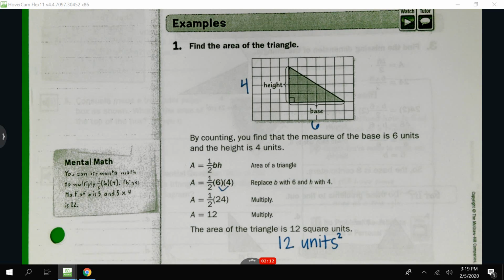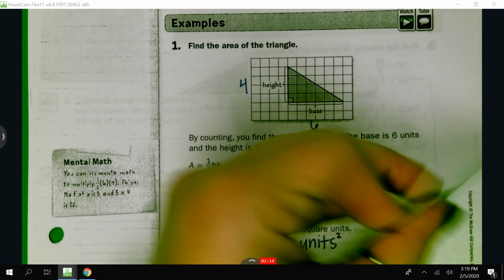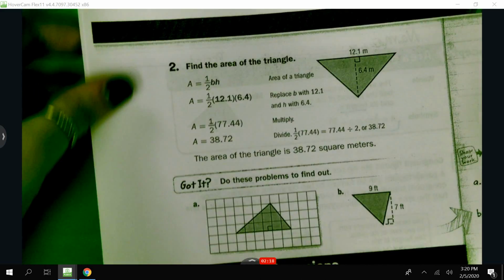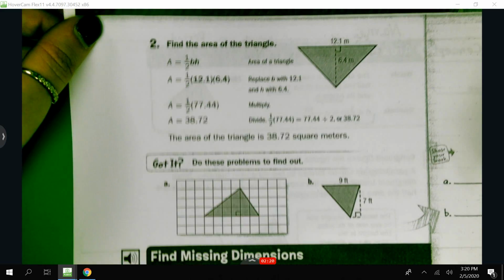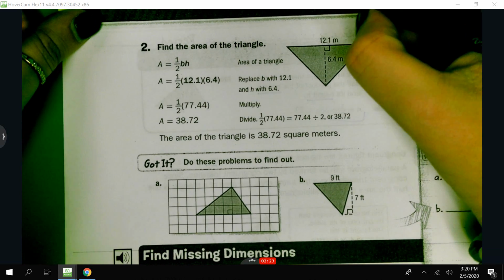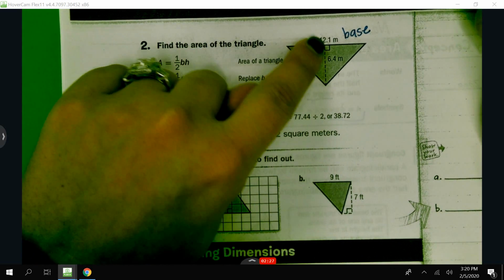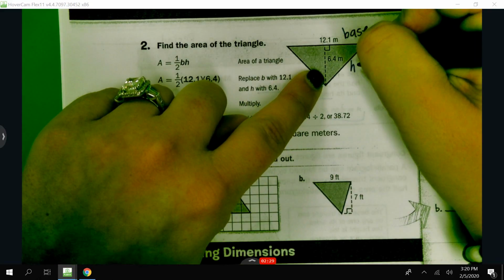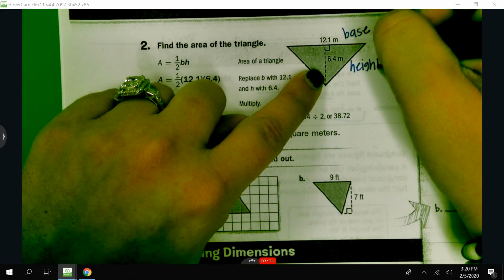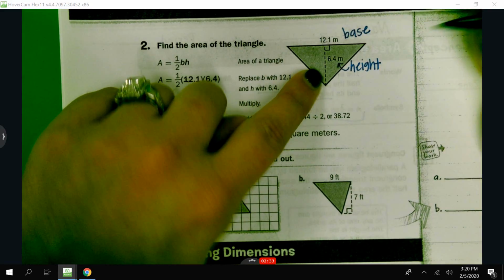Okay, go ahead and flip over. Example number 2. You've got a picture of your triangle. Your base is 12.1. The height is this dotted line. So 6.4 is your height. Okay.